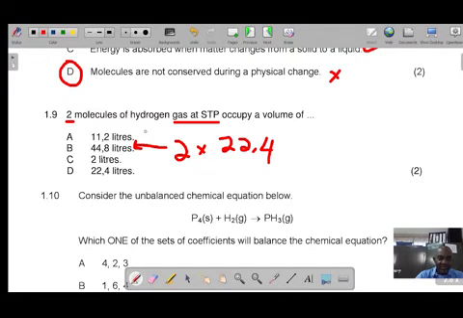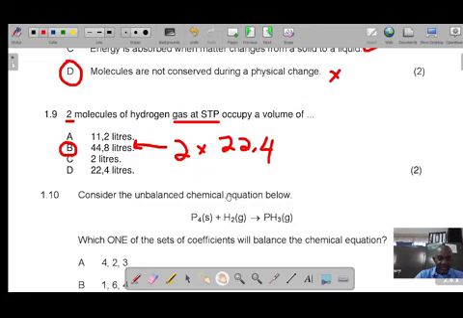So the answer is B, because only 1 mole of the gas occupies 22.4 liters. However, if they are 2, they occupy twice that volume, which is 44.8 liters. Let us proceed.